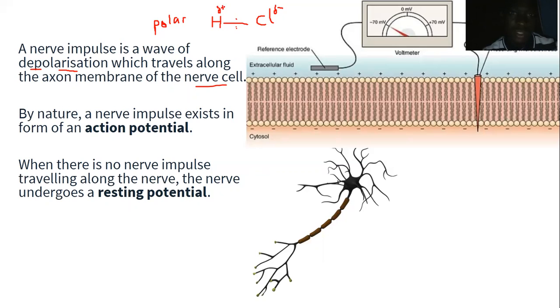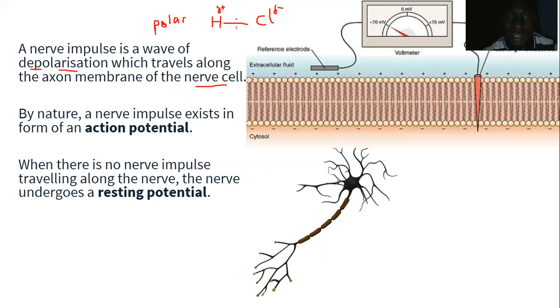So this bond is called polar because one end is more negative and the other end is more positive. So in a resting membrane, the inside is normally more negative.